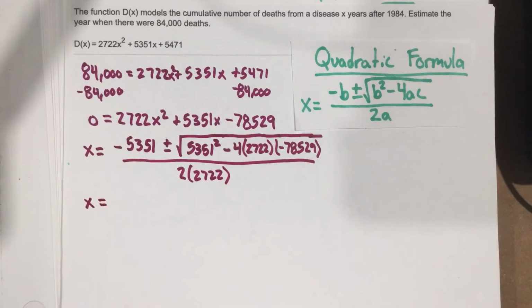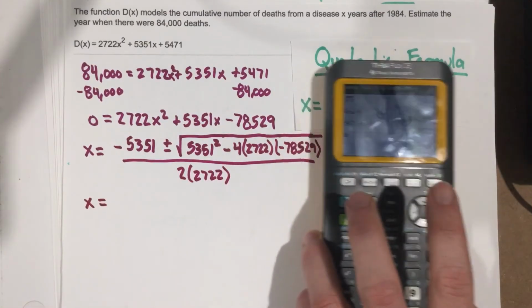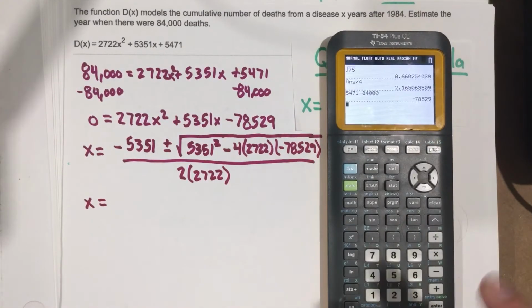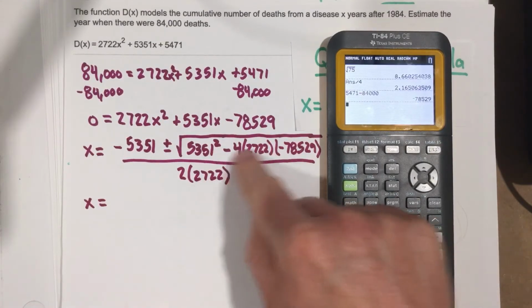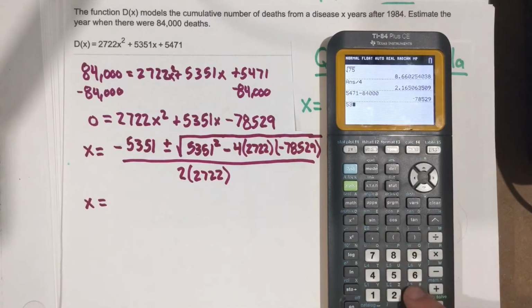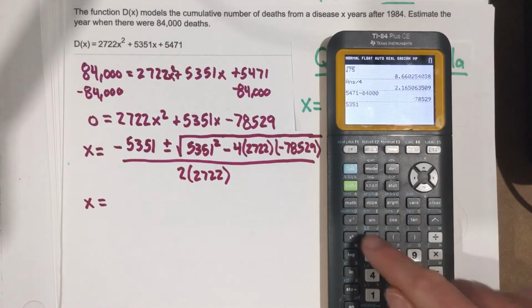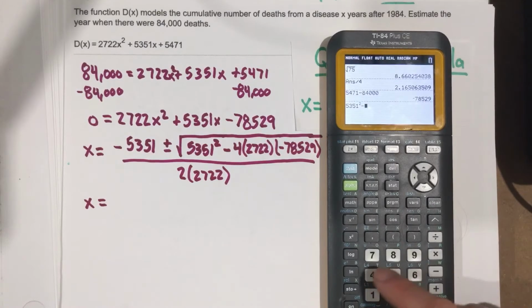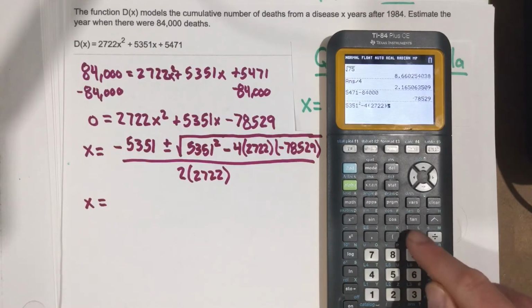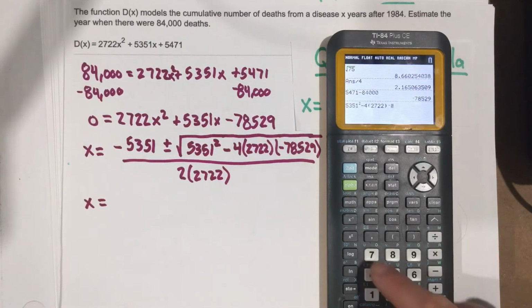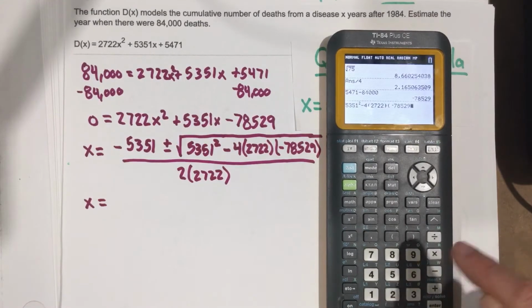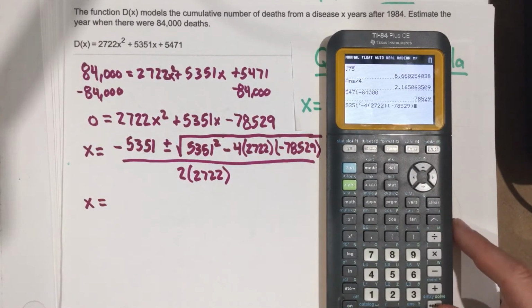Now this is going to require some work here. I think we can do ourselves a big favor by using our calculator to do most of the work. So let's start inside the square root, and we're going to say 5351 squared minus 4 parenthesis. Notice I'm writing this exactly how I have it written here. I have 78,529, and the calculator should spit out a good number there.